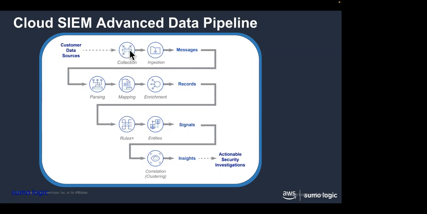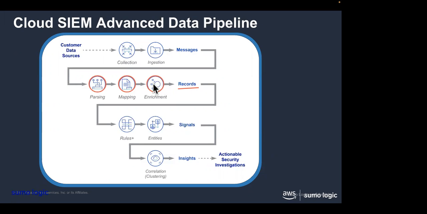We ingest them through our collection and ingestion process, like we normally do, and that generates something here called a message. Now we're going to take this message and parse out certain fields from it: the IP address, the host name, the type of threat, all kinds of different fields in here.